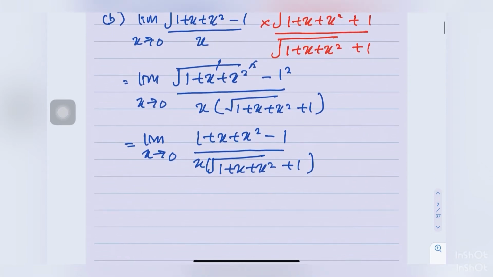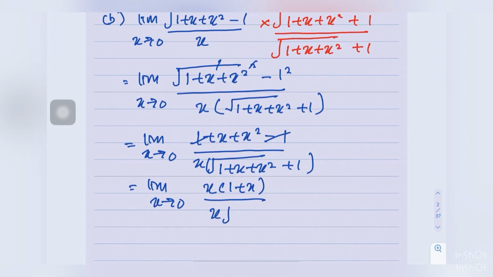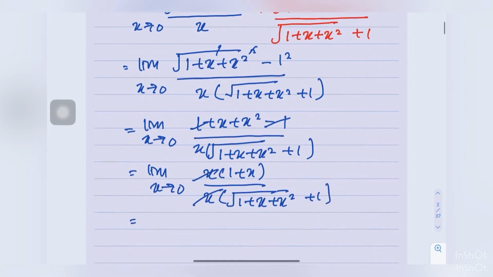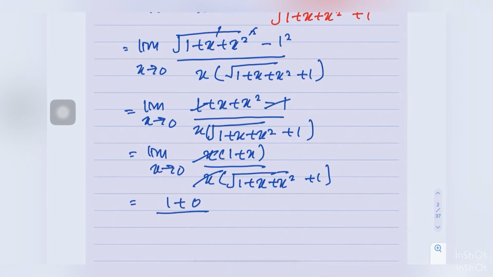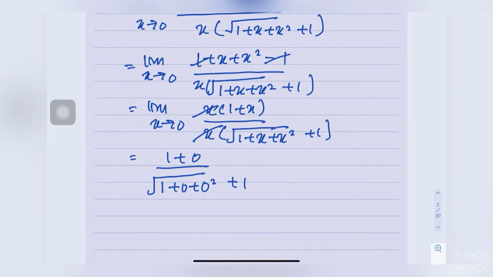So 1 minus 1 we can cancel off, leaving x squared over x times the square root of (1 + x squared) plus 1. Finally we substitute x equals 0. Here we have 0 over square root of (1 + 0 squared) plus 1. Square root of 1 is 1, and 1 plus 1 is 2. So finally the answer is 0 over 2.